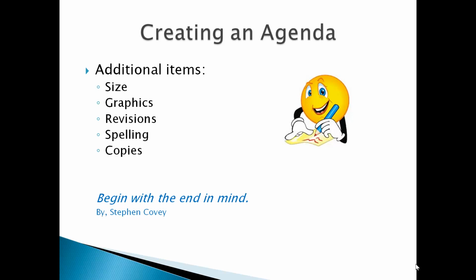Be sure to keep it professional, and if using someone else's picture, obtain their permission first. There will inevitably be revisions to your agenda during the creating process. Be sure to update any changes immediately, always check spelling, and determine the appropriate number of copies for the meeting, copying a few extra.